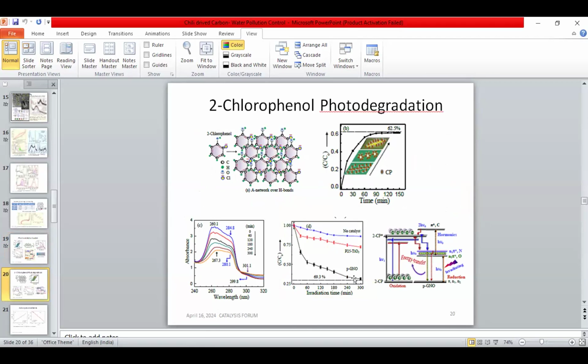And we have seen that photocatalysis is around 60%. This right side figure shows the mechanistic pathway of how the chlorophenol compound degrades with the help of photoexcited electrons and photons.